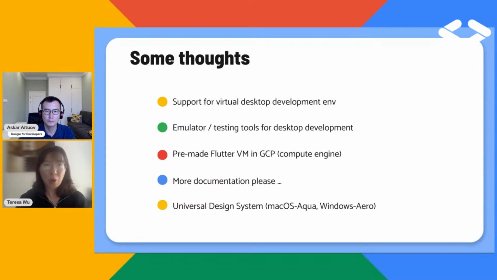Hopefully there will be more documentation around desktop and how things work behind the scenes. And maybe eventually someone, maybe you, will design and create a universal design system for Flutter, including desktop. Design systems are now very popular for mobile and web. How about we build a universal design system that works for desktop as well? Because each desktop environment has its own design system, similar to Material and Cupertino for iOS.